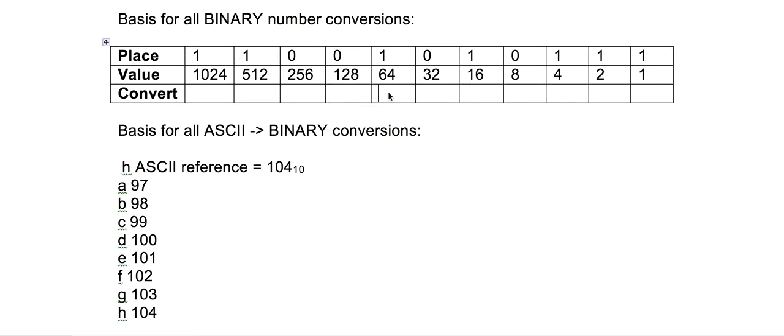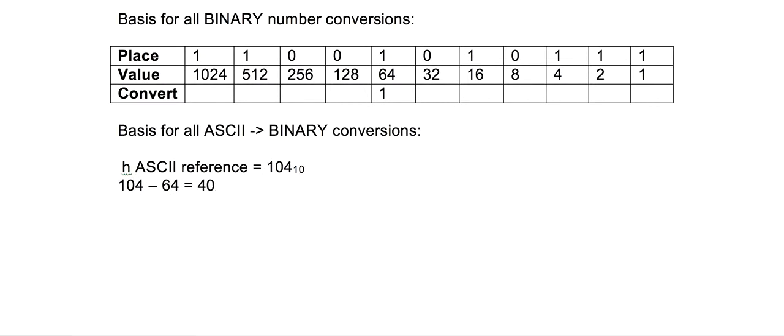So we're going to have one lot of 64. At this point, we follow the same process that we do when doing any decimal to binary conversion. We started with 104, we've just taken out 64, so we've still got to find another 40. Another 40 units. So we work now with 40.